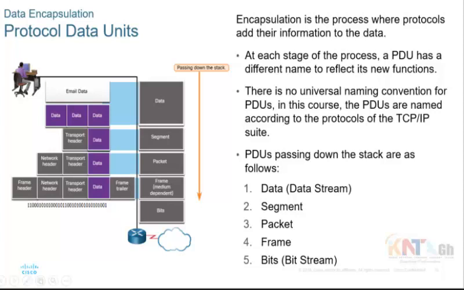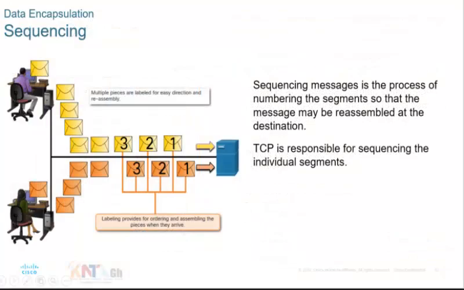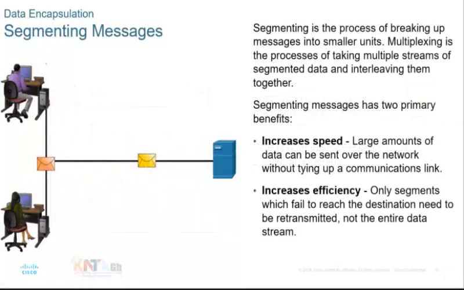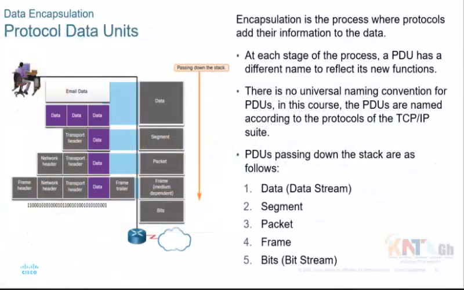And then when it moves to layer 4, which is the transport layer, the transport layer does what we call segmentation and sequencing, and the encapsulated packets are what we call segments.